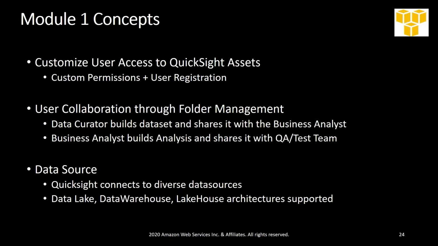But not only that, QuickSight also supports various different data pipelines and architectures. You might have all heard about the data lake becoming more predominant these days. A data lake allows you to handle both structured and unstructured data. In AWS, we handle that by making S3 our primary storage mechanism for structured as well as unstructured data.